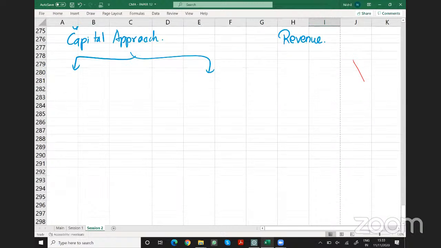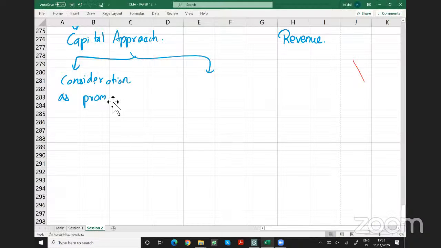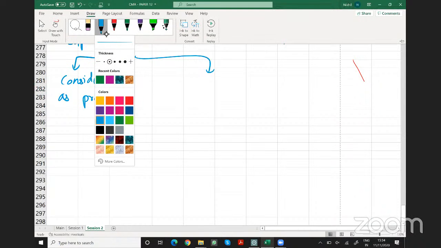One is consideration as promoters' contribution.